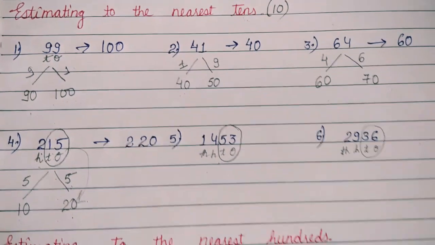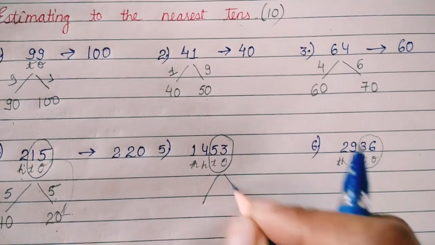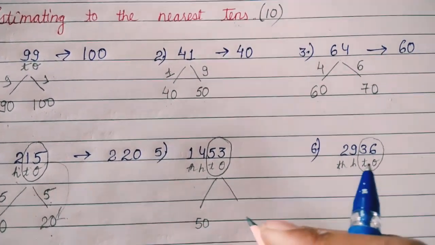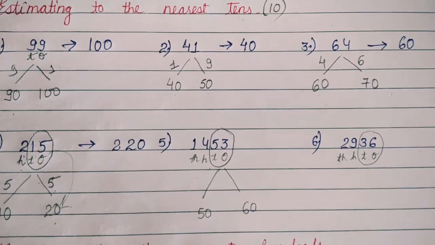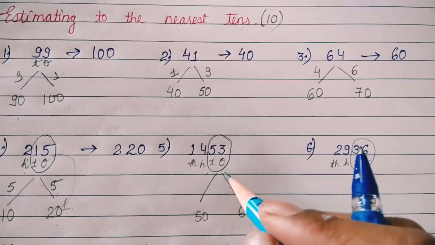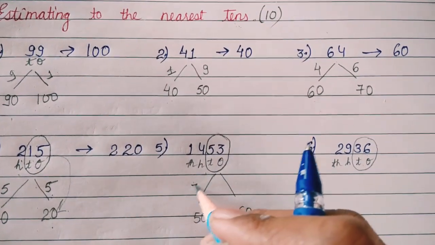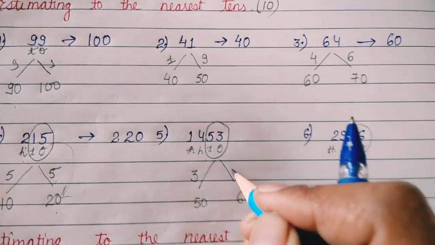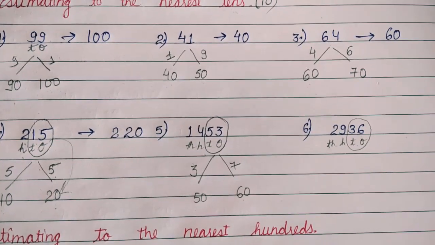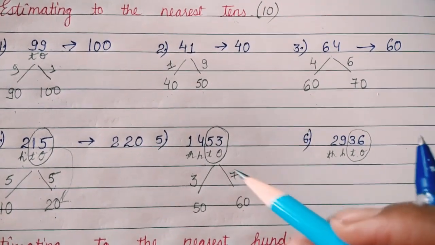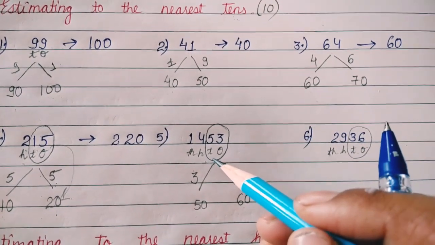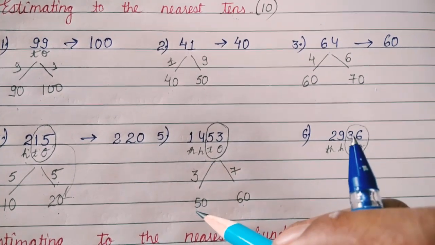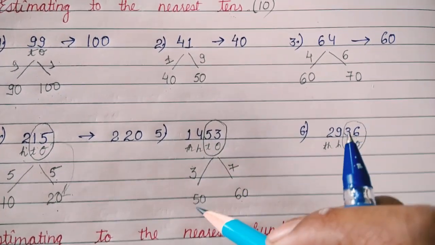Here 53 is coming in between 50 and 60. When we look from 50, we have to take only 3 steps, and from 60 we have to take 7 steps. So from where will we find 53 the easiest and fastest way?